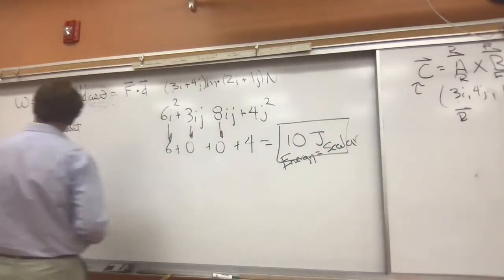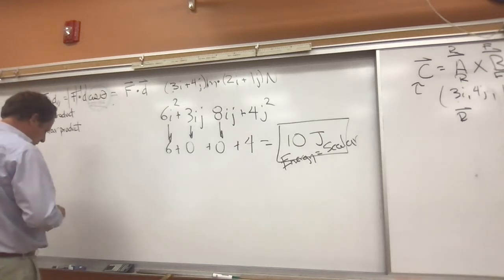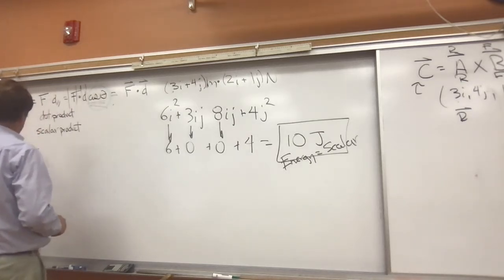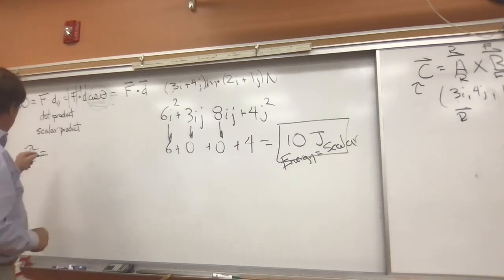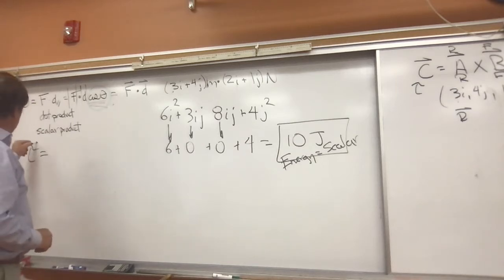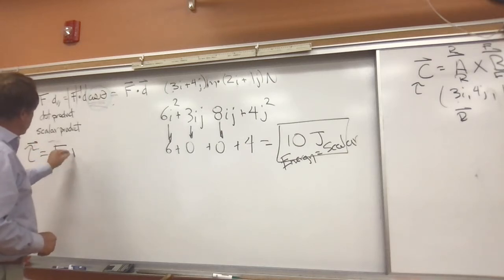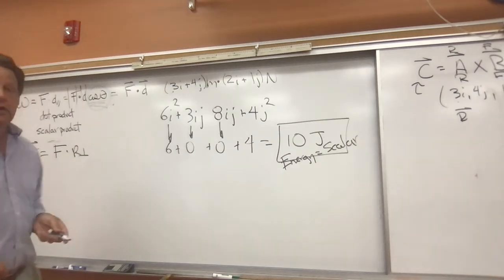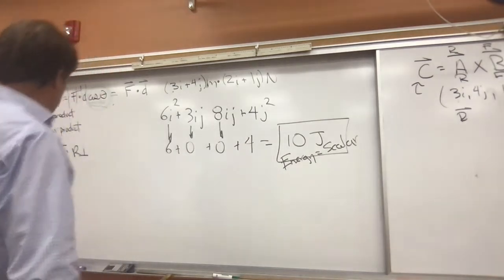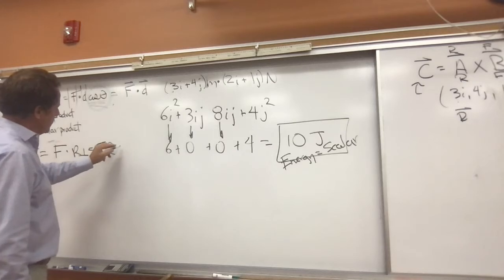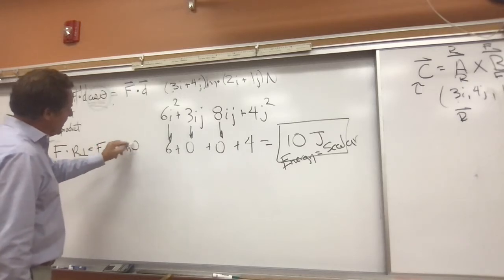Now, an example of a cross product might be torque. Torque would be a vector, and that would be force times the radius, as long as it's perpendicular, which would equal force times radius times the sine of the angle.